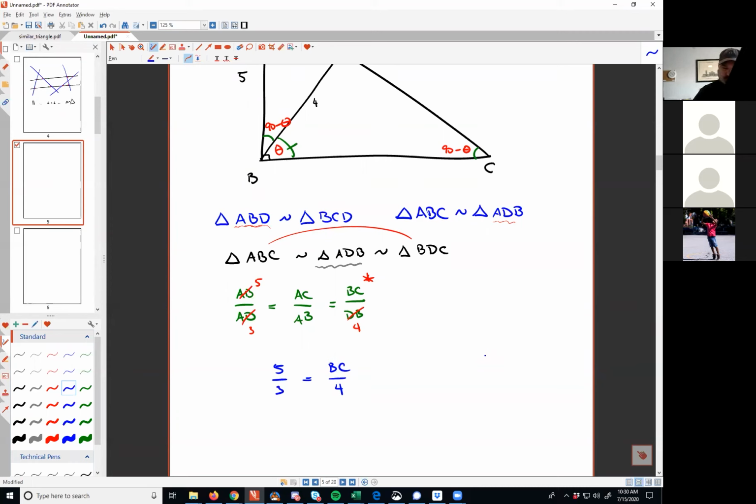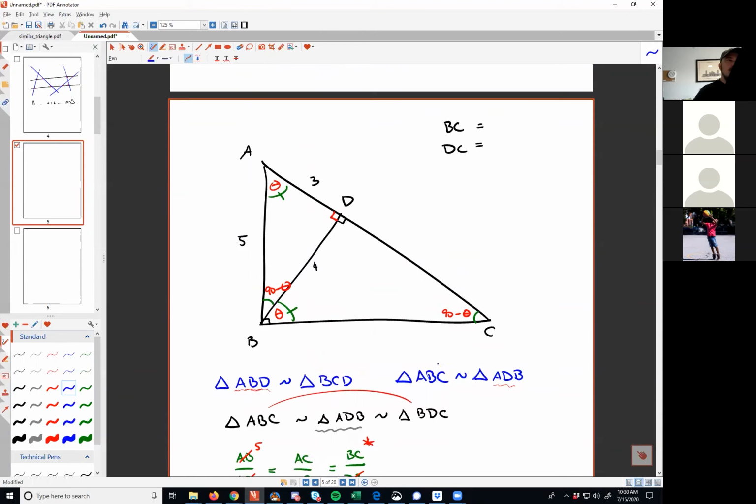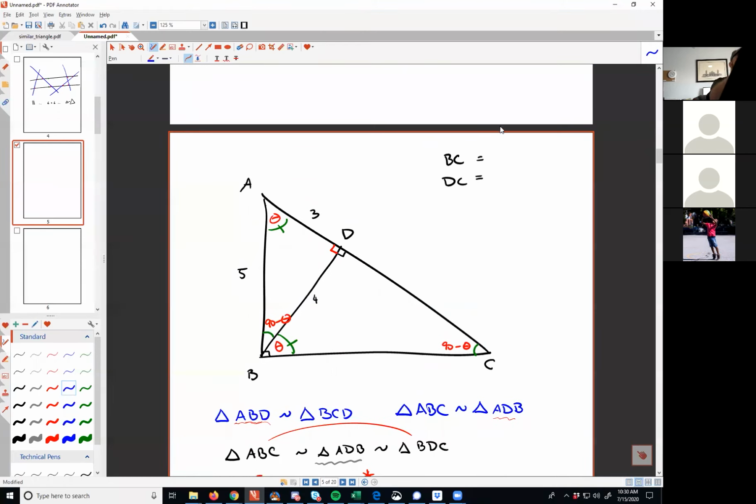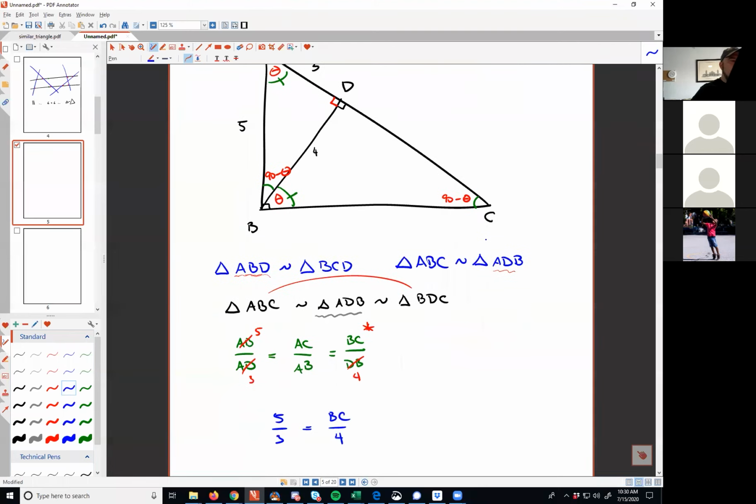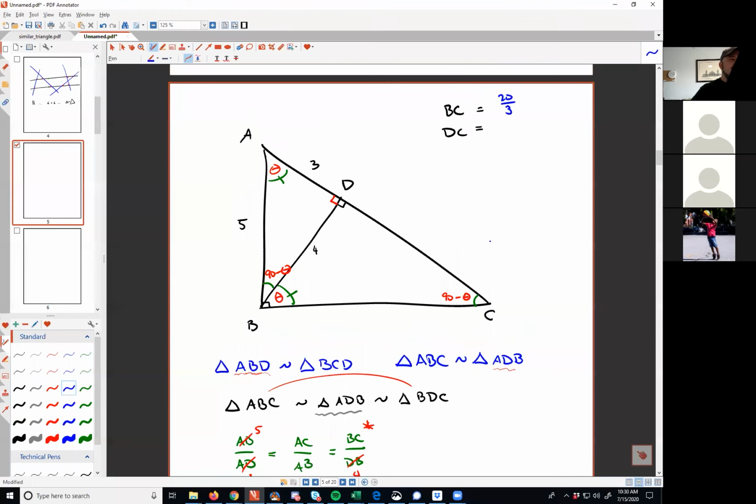I think 6 and 2/3, I think. Sure, and I usually don't even bother to rewrite a fraction as a mixed number unless there's some need for it. Writing it as a common fraction is perfectly fine. I'm not even going to process that extra step there. Okay, and then we want DC.